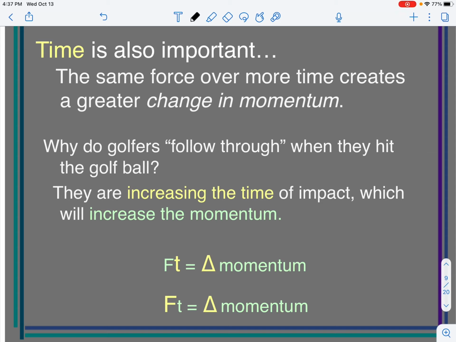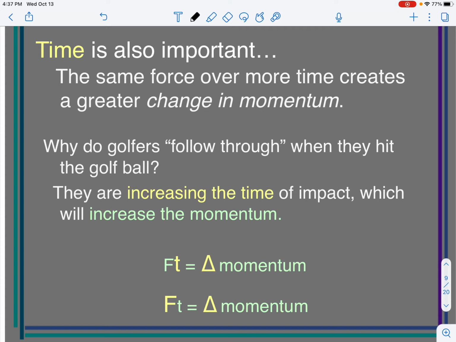So if you think about somebody who is learning how to kick a soccer ball or hit a tennis ball, where we're making contact with an object that is then going to be sent in whatever direction we have just hit it, we often tell these athletes to follow through with that swing or with that kick.